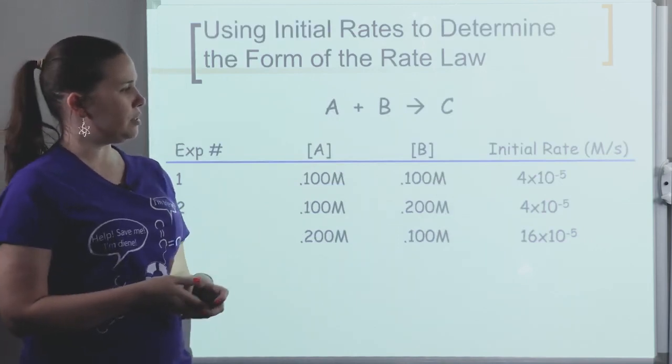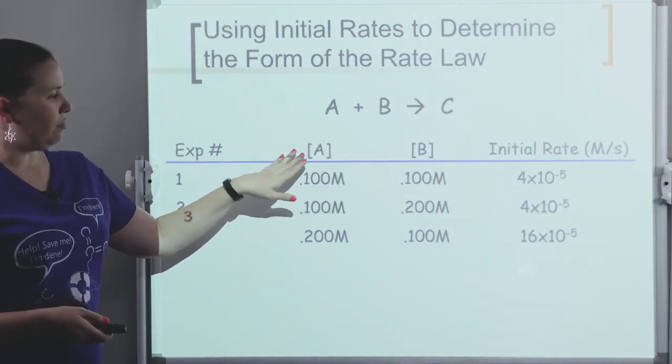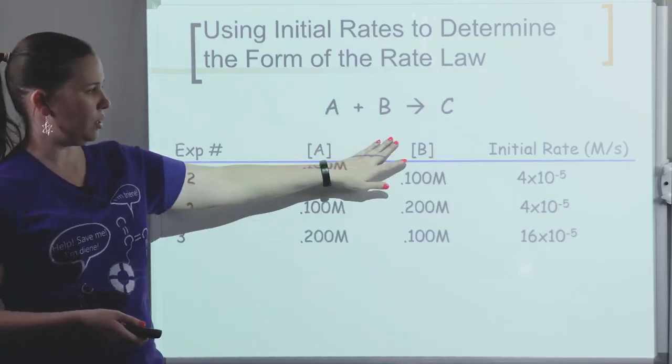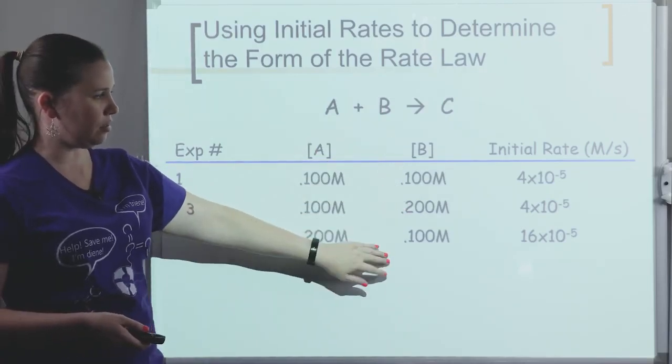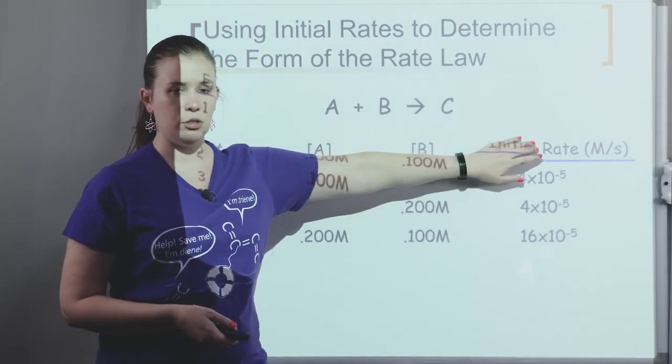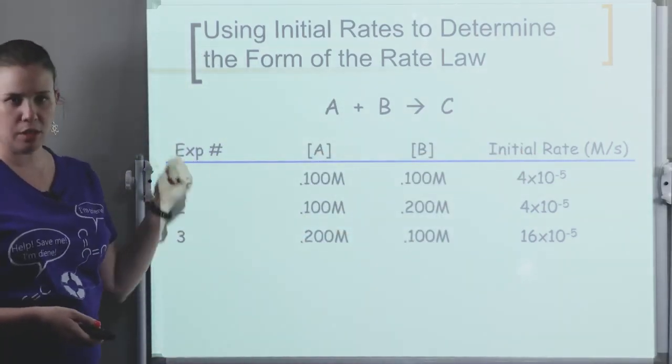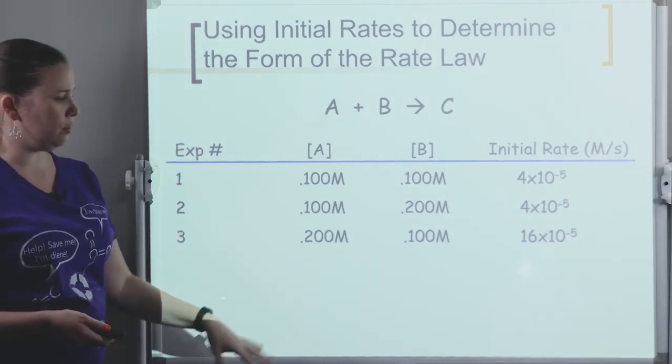So the data table would look something like this, where you have A's concentration given in one column, B's concentration given in the second column, and then the experimentally determined rates in the next column. You're always going to have the first column to number them too, so they're easier to keep track of.